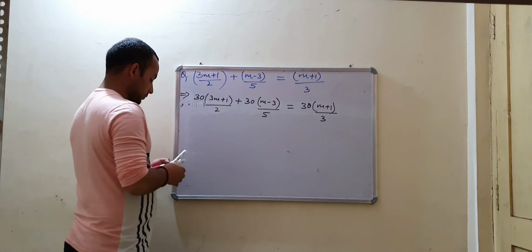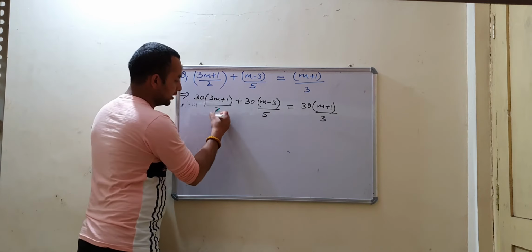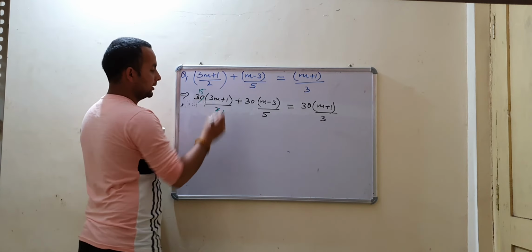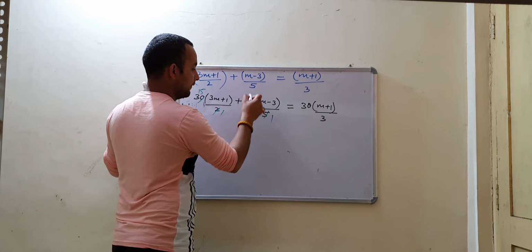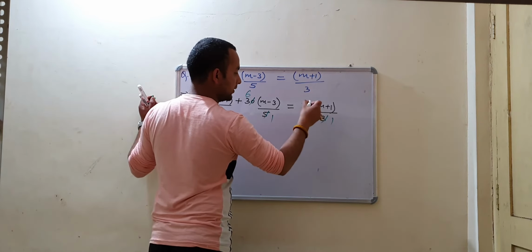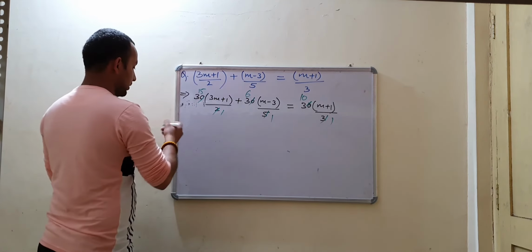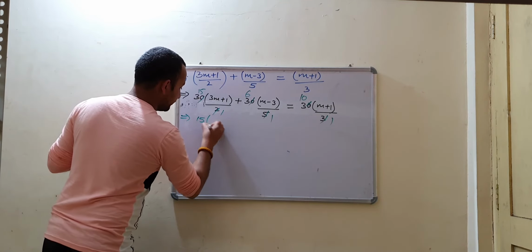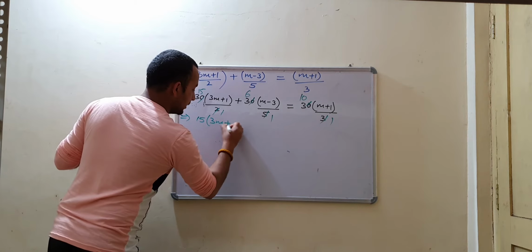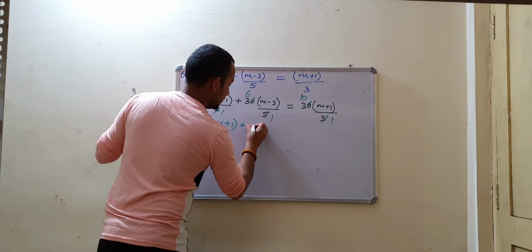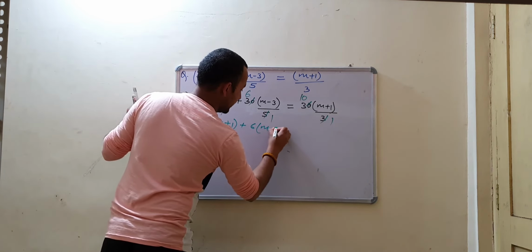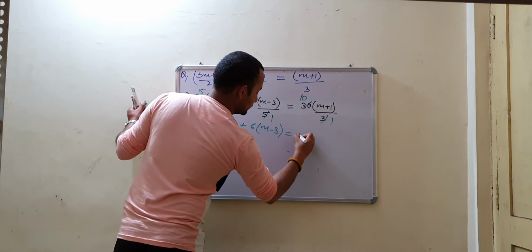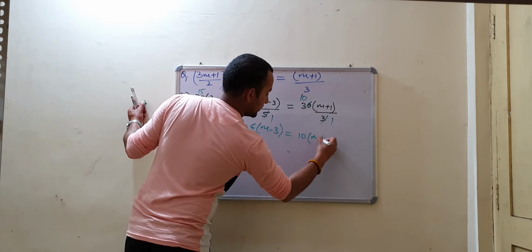Now 2 15s are 30, 5 6s are 30, 3 10s are 30. Now your equation will become 15(3m plus 1) plus 6(m minus 3) equals 10(m plus 1).